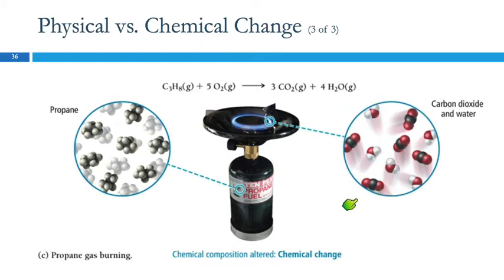They came apart. There were no red balls over here, because those are the oxygen atoms. So they've combined with oxygen, made completely different things. The original substance is destroyed. This is a chemical change. The composition has changed. Anytime you see the word burning or combustion, almost always a chemical change.